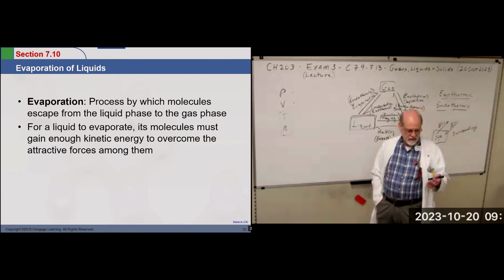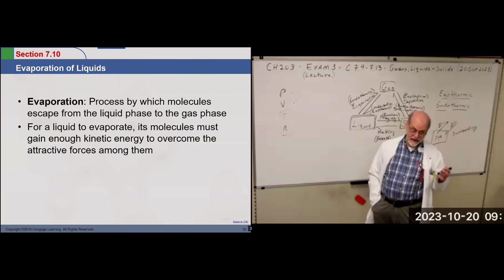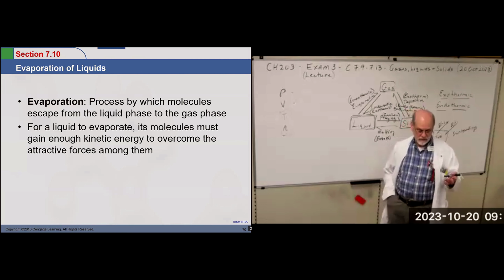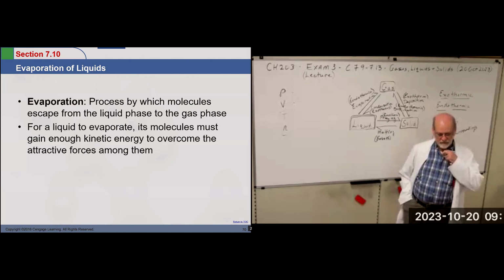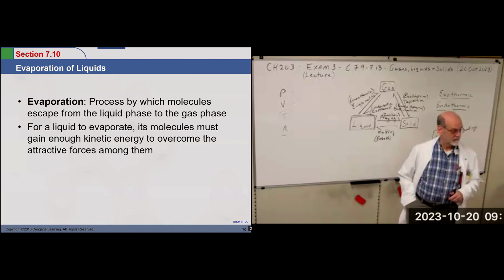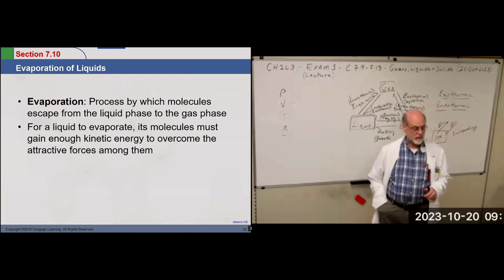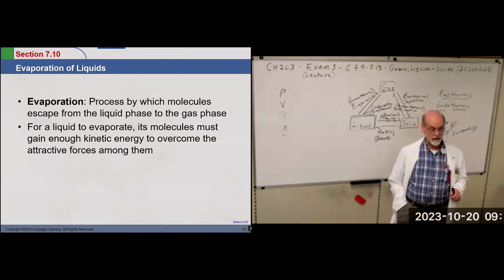This evaporation of liquids, in terms of the molecules involved, or atoms for that matter, because we can evaporate atomic liquids. Let's see, how about mercury? Mercury is a liquid. You think mercury can evaporate? Oh, yeah.